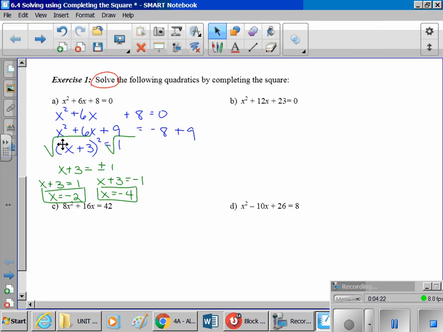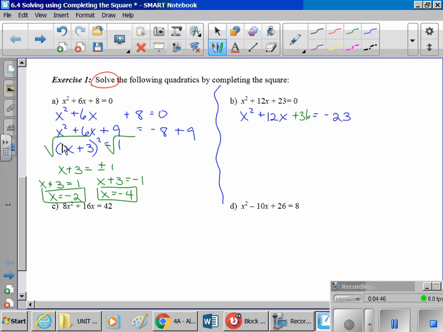So let's take a look now at B. If you're done with that, great. If you're not done, pause it and then come back to B. So I have x squared plus 12x is equal to negative 23. Move it to the other side right away. Take half of 12 and square it, which is 6, which is positive 36, which I'm going to add to both sides.